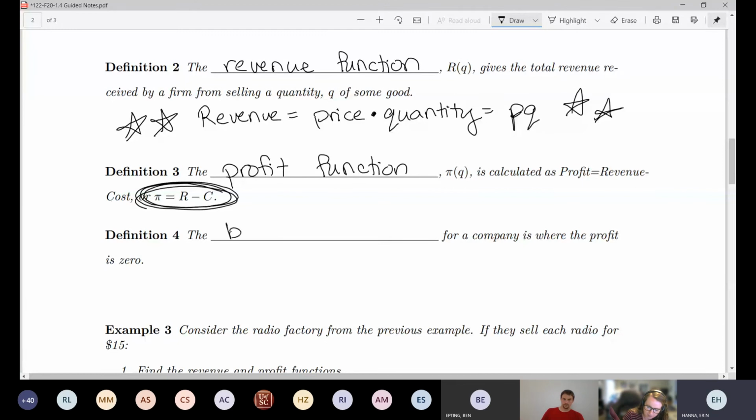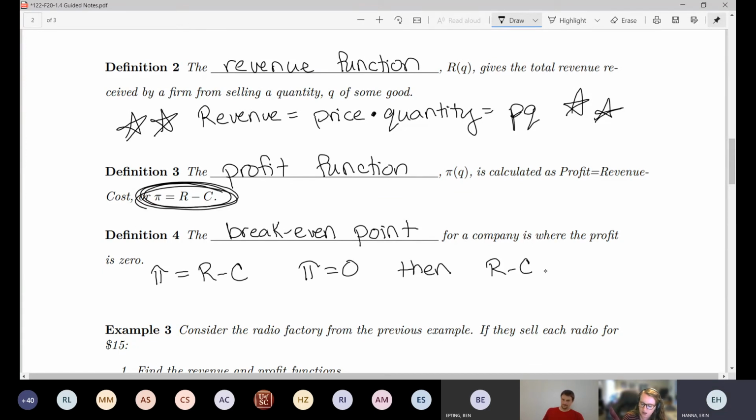And then we have the break-even point. This is where the profit is going to be 0. That's essentially saying that they break even. They finally have sold enough things to be at 0 profit. They're not in the red anymore. But also, if profit equals revenue minus cost, and we're talking about when profit equals 0, then we're also talking about when revenue minus cost equals 0.